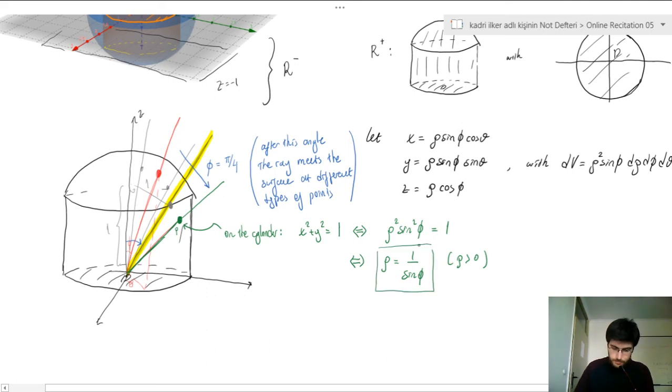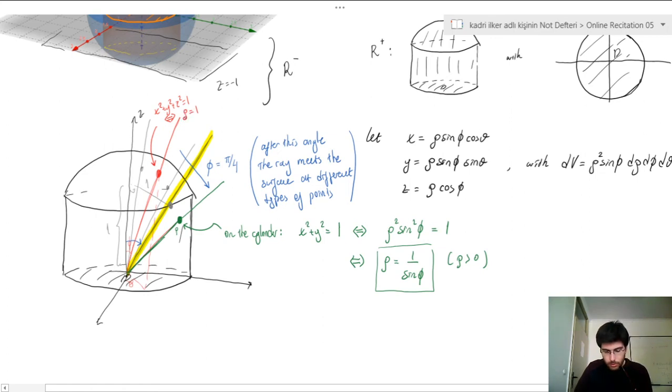Okay? So what about the red one? The red one is easy, because this is exactly the cap, which corresponds to the part of the sphere. Therefore, the equation is just x squared plus y squared plus z squared equals 1. So the points live on that surface, therefore they satisfy the corresponding equation, right? That was the deal. But now in this new language, this turns out to be rho equals 1.